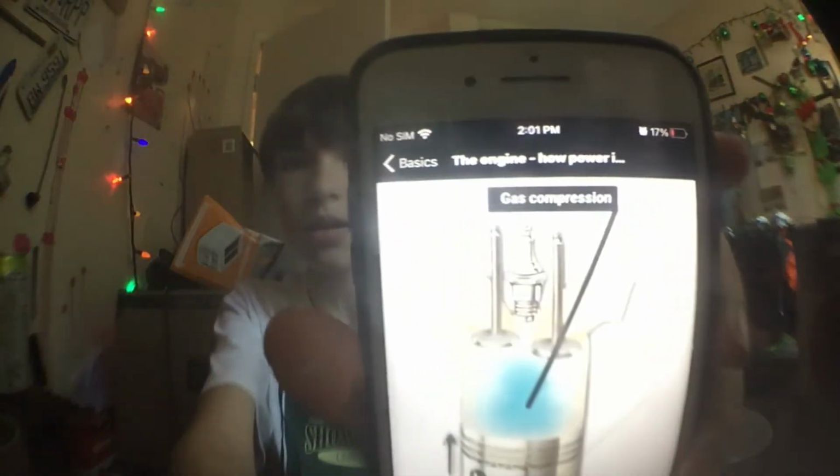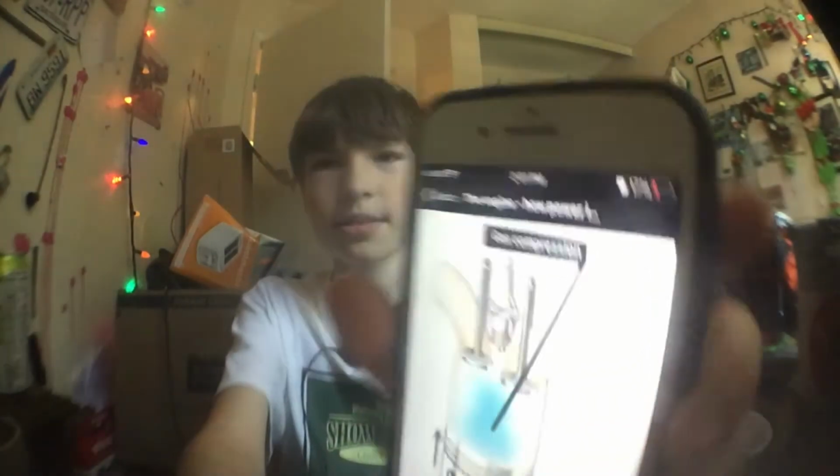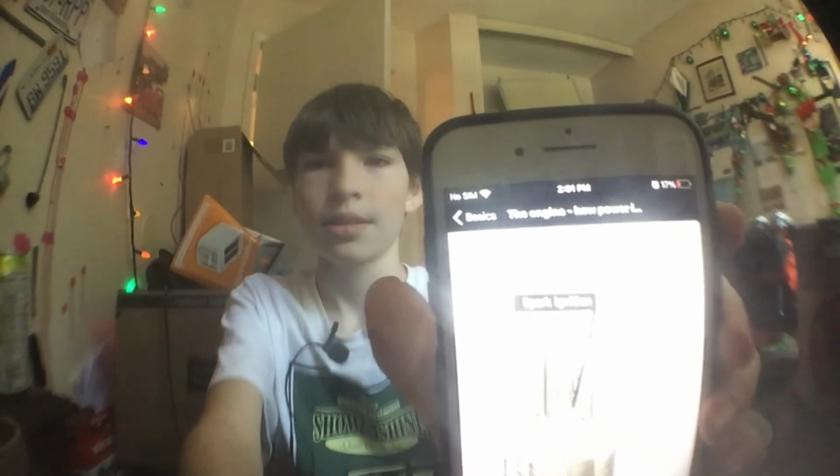Then it goes back up when the gas is in and compresses. The spark ignites, setting the gas, which is actually mixed with air, on fire. I'm going to call it the mixture, because that is what it is.